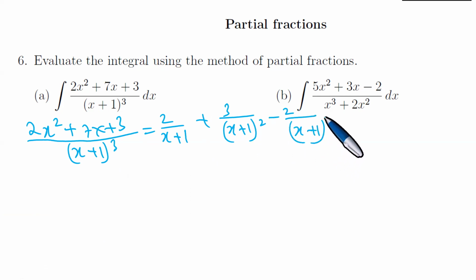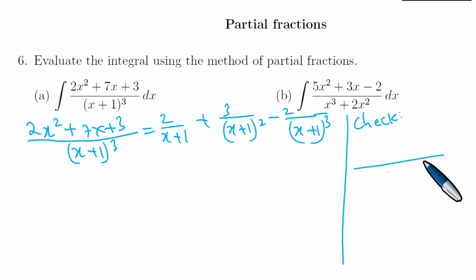Now, the couple of things you need to take into account and check: if you add these, do we get that back? That sort of becomes the question. So to check this, before we proceed, you'd have to take the lowest common denominator, which is x plus 1 cubed, and you divide x plus 1 cubed by x plus 1. You have the square.